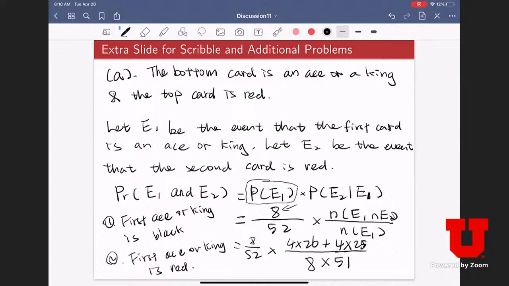That's going to be your N of E1. All right, and the result of this computation should give you the probability of E1 and E2. And I believe that's 1/13.